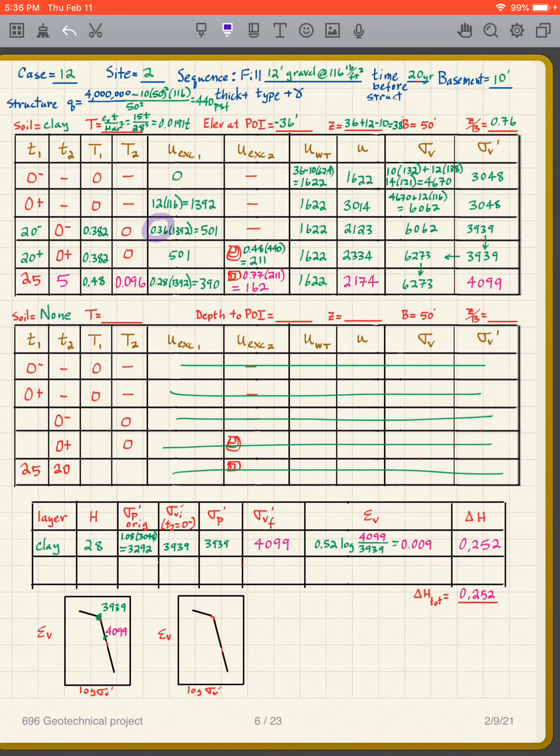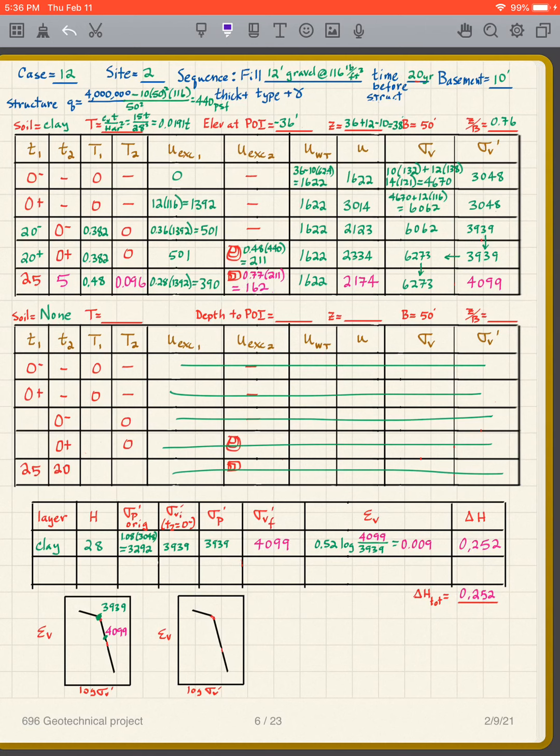Similarly, you get a 0.28 for that factor using a capital T of 0.48. Now for this 5, I get 0.096, which means my factor, same methodology, is 0.77.